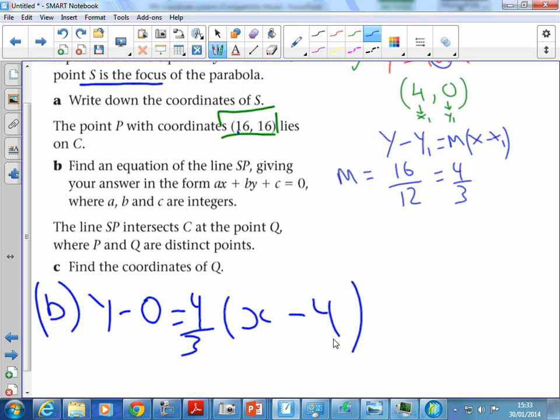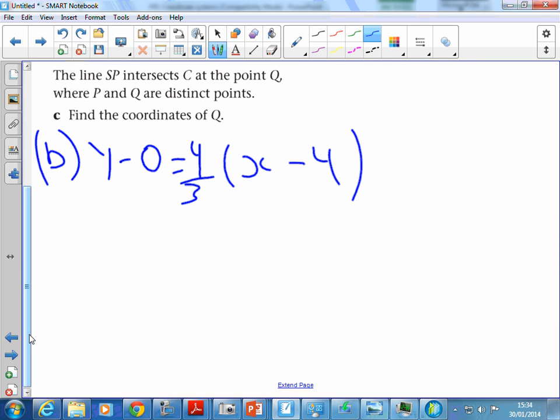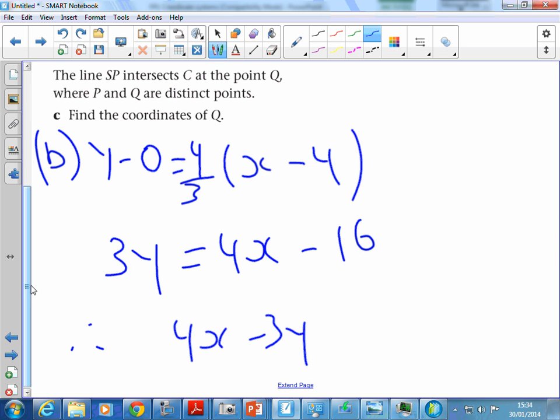Now to rearrange it in the given form is simply GCSE algebra, okay? It's not hard. If I multiply through by 3, I have here 3y. And then if I remove the bracket, it's 4x minus 16. I take everything to the right-hand side. Therefore, 4x minus 3y minus 16 equals 0. And that is in the required form.